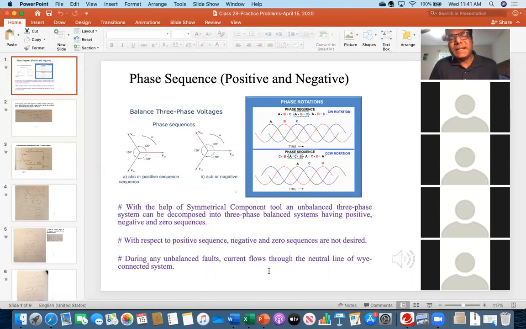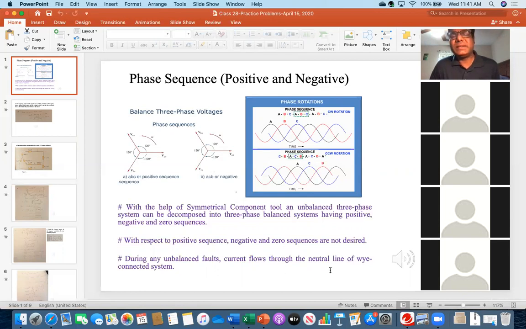Now, if it is a delta connected system, as you know, because a delta connected system does not have any neutral line, what will happen? That zero sequence current will be trapped, blocked by the three coils in the delta connection. So gradually, those coils will also be overheated and might be damaged.